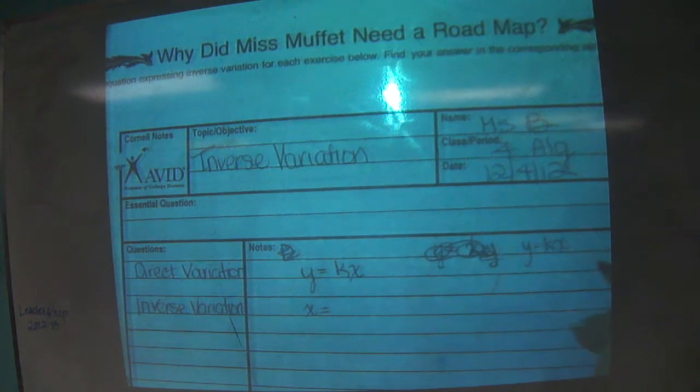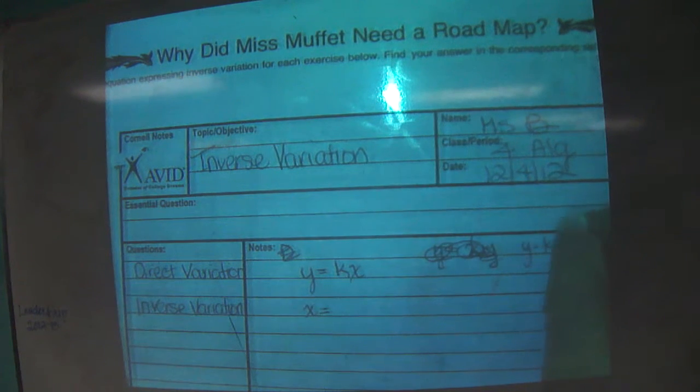How do we get x by itself? Divide by k. And so we'll wind up with x equals y over k.